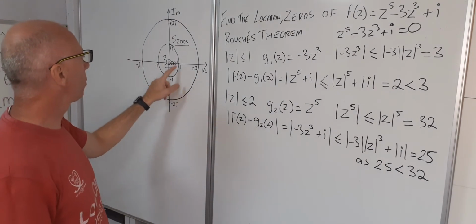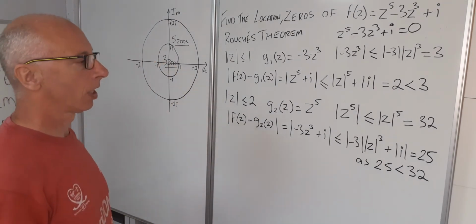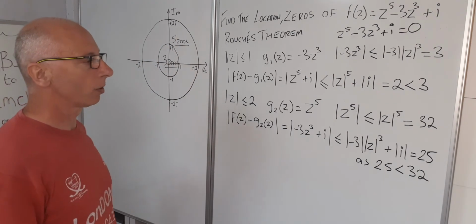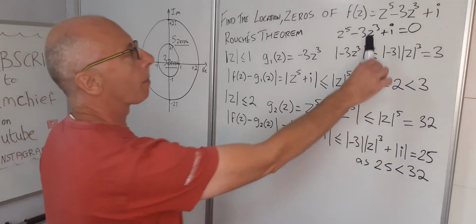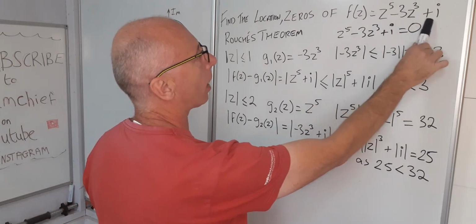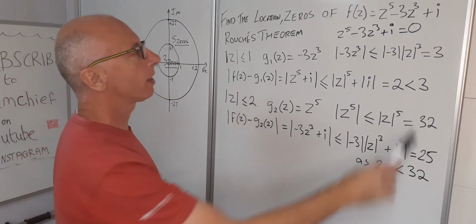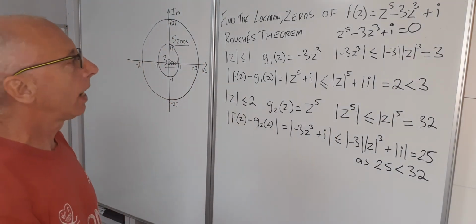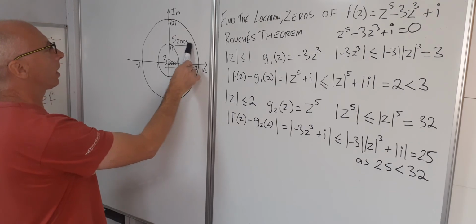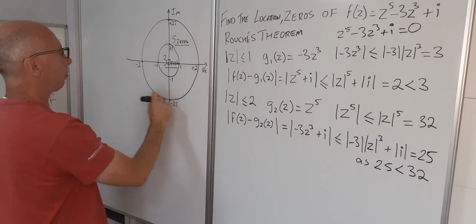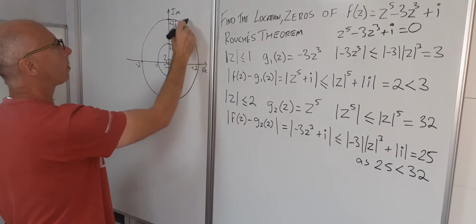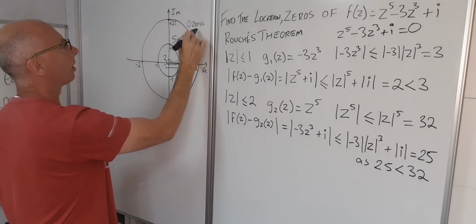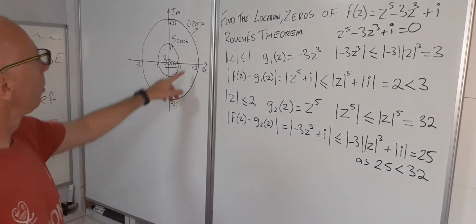So there's no solutions on the boundaries. So therefore they're going to be within the parameters of these circles. And then we can say z to the 5 minus 3z cubed plus i is going to have 5 zeros located in it somewhere. And we've also calculated there's 5 zeros inside this perimeter with radius 2. So therefore there's 0 zeros outside of this perimeter here.